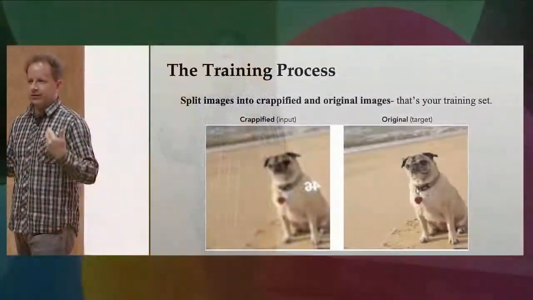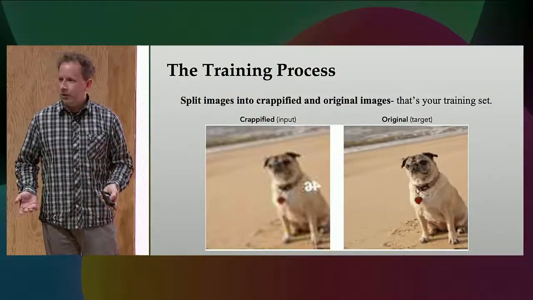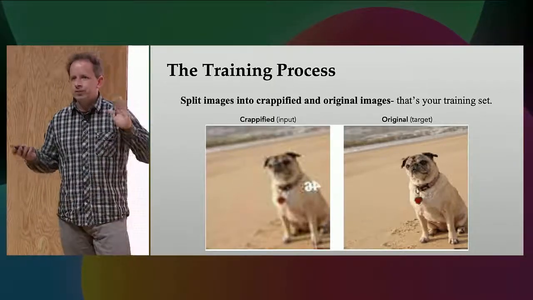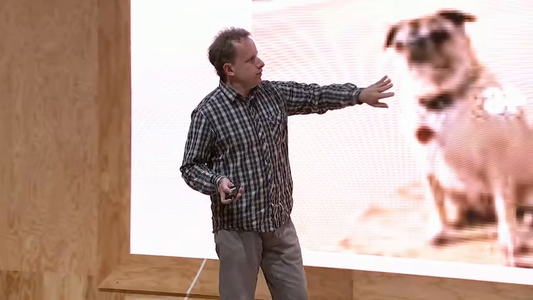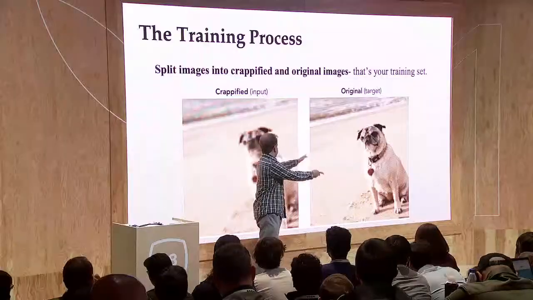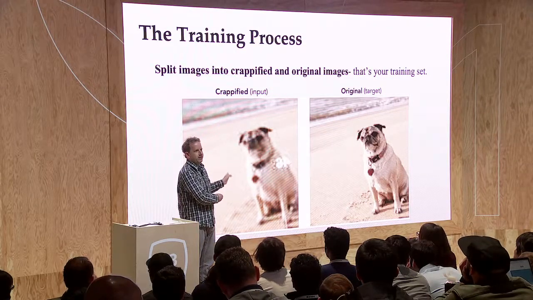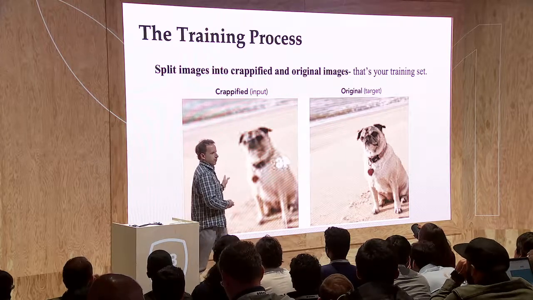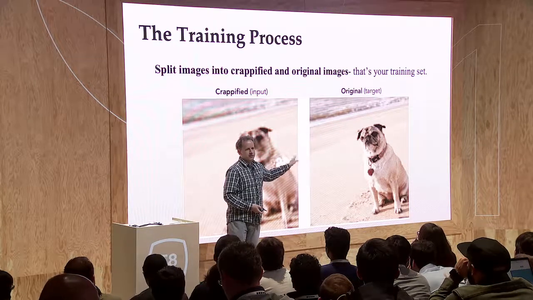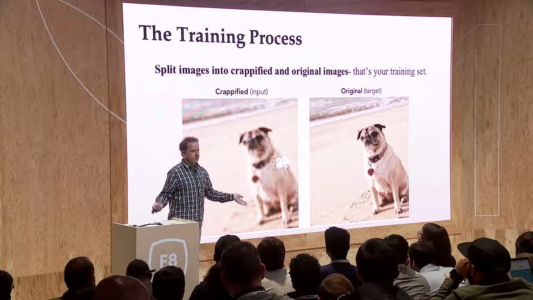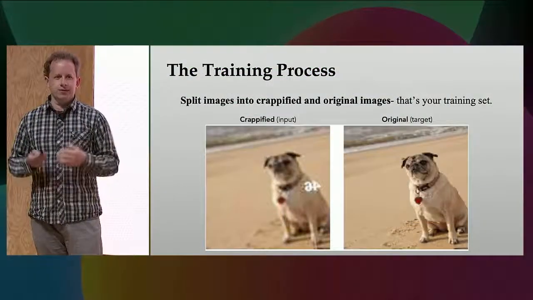So that's why we need to use a deep learning neural network to do that process. So here's the cool thing. You can come up with any heuristic crapification function you like, which is a deterministic process, and then train a neural network to do the opposite, which allows you to do almost anything you can imagine in terms of generative imaging.